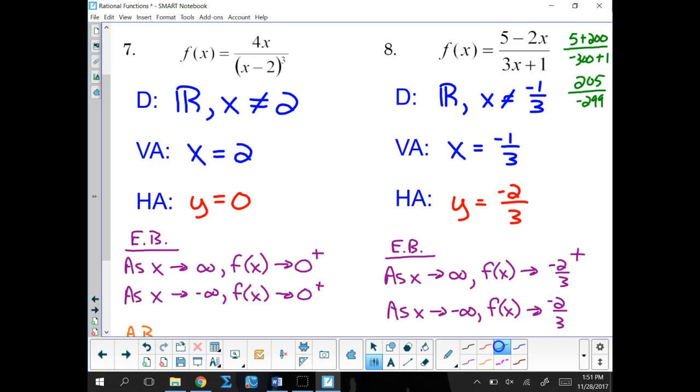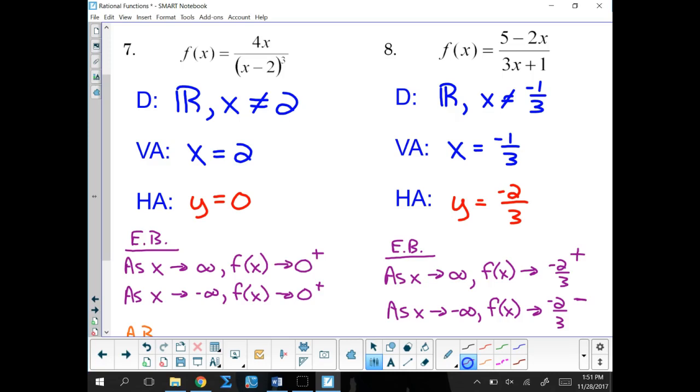Negative 0.68. This is negative 0.66. So that's below. Okay. That's the downfall when the degrees are equal, then you actually have to figure it out. Until tomorrow, when we get to the graphs, then you can just look at the graph.